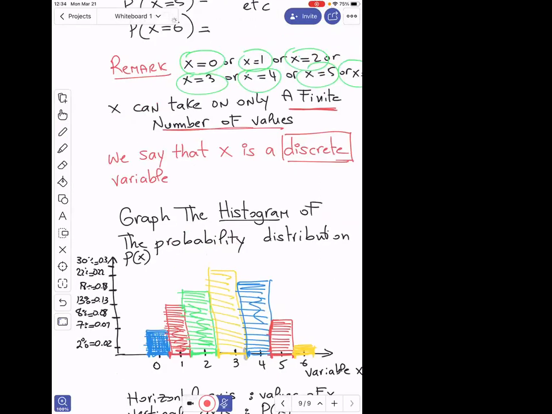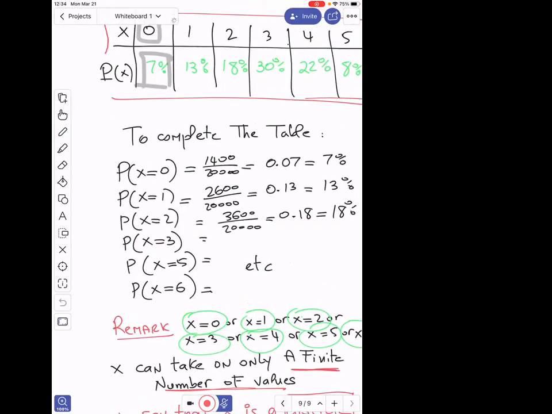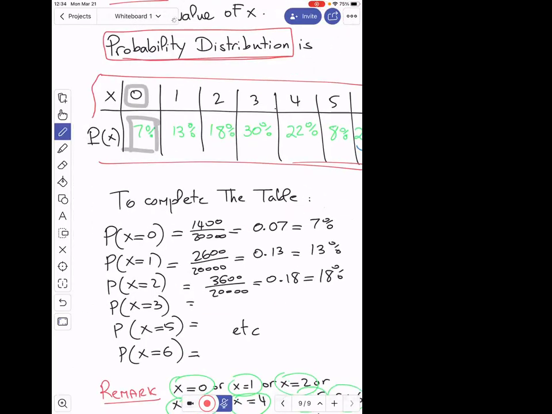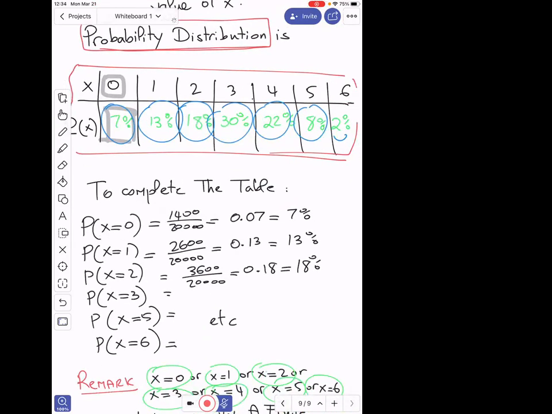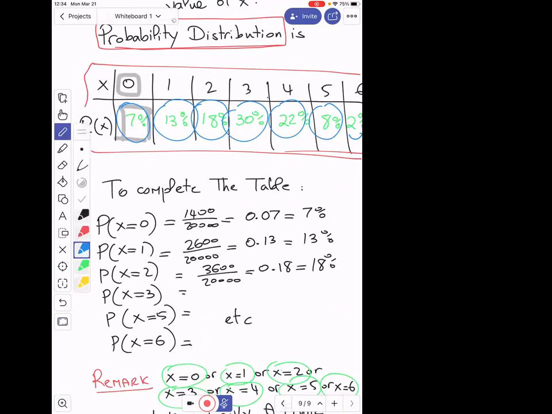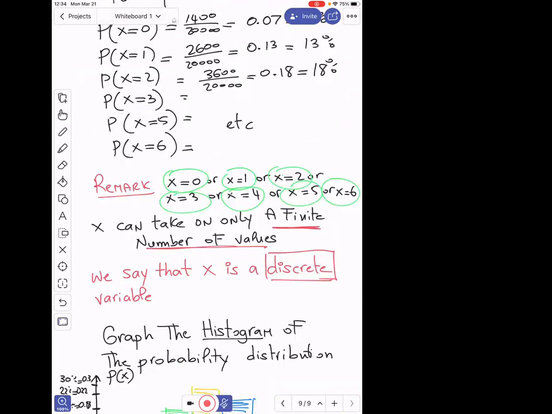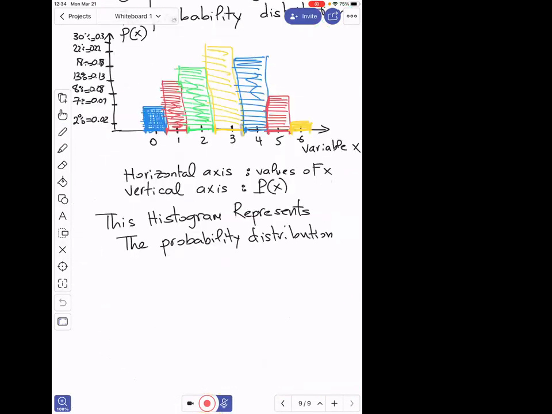The sum of all the probabilities here, if you take this 7% plus the 13% plus the 18 plus 30 plus 22, etc., plus 8 and plus the 2%, the sum of all the probabilities has to be equal to 100%. Okay. So the sum of all the probabilities, right? Just a remark here.